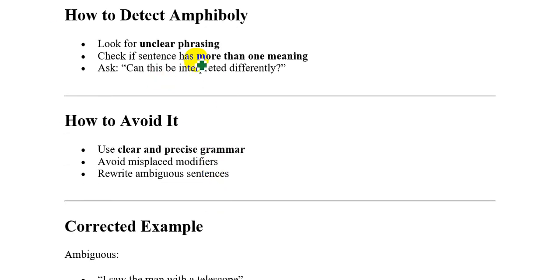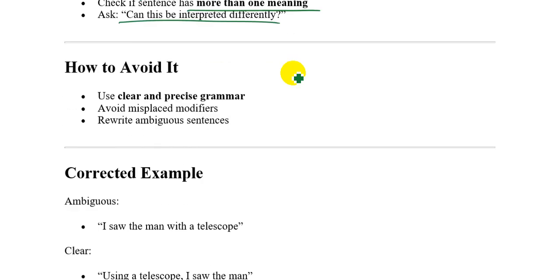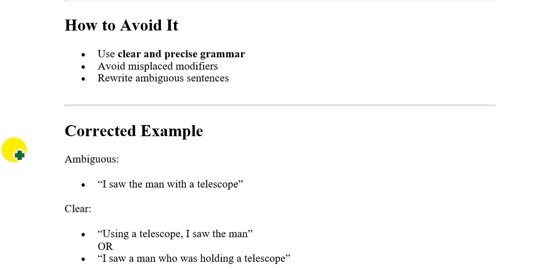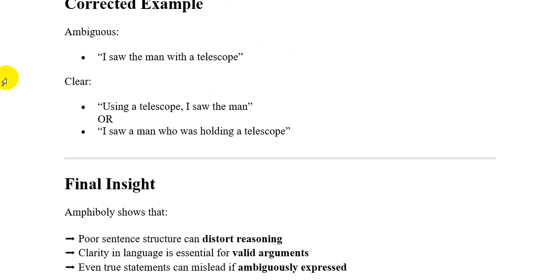So, to detect amphiboly, look for unclear phrasing. Check if the sentence has more than one meaning. Ask, can this be interpreted differently? The way to avoid this is to use clear and precise grammar, avoid misplaced modifiers, and rewrite the ambiguous sentences. For example, I saw the man with a telescope can be corrected.